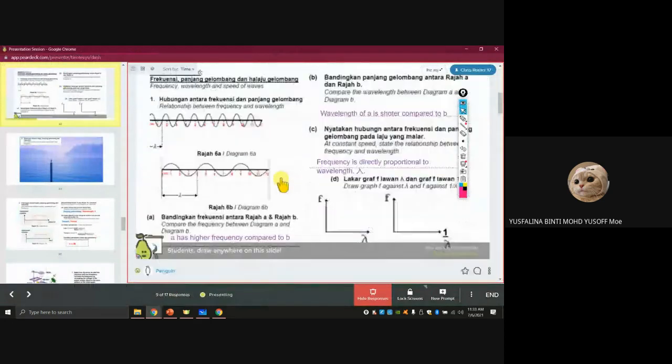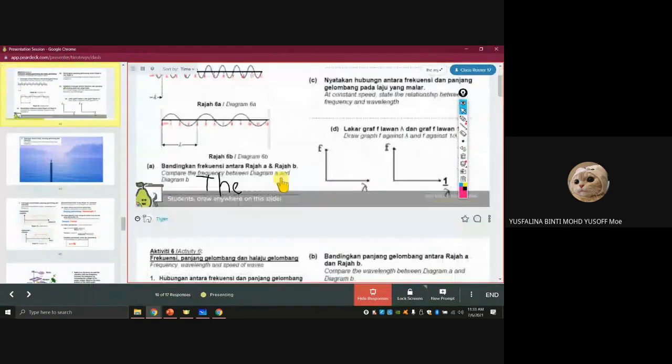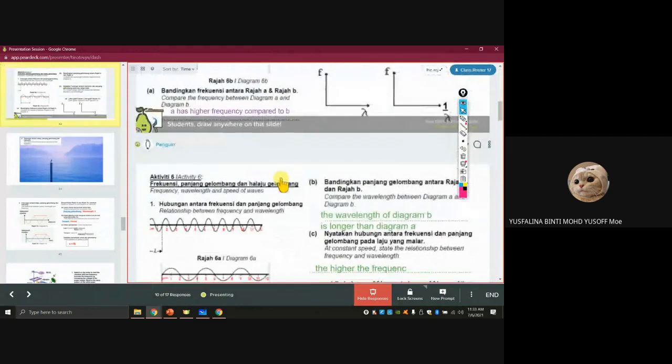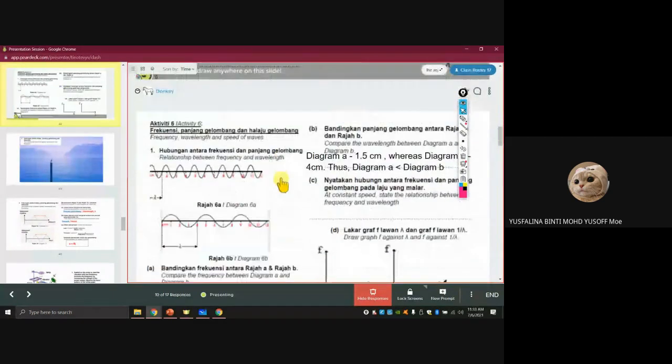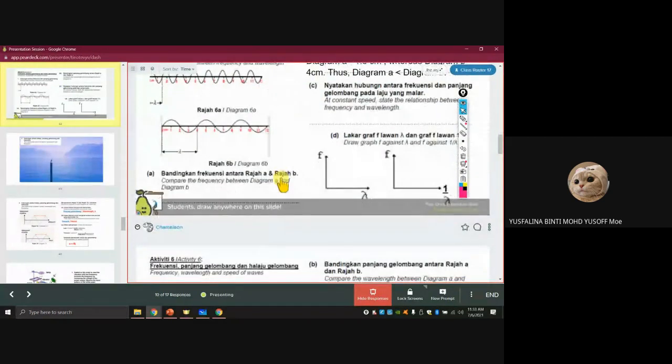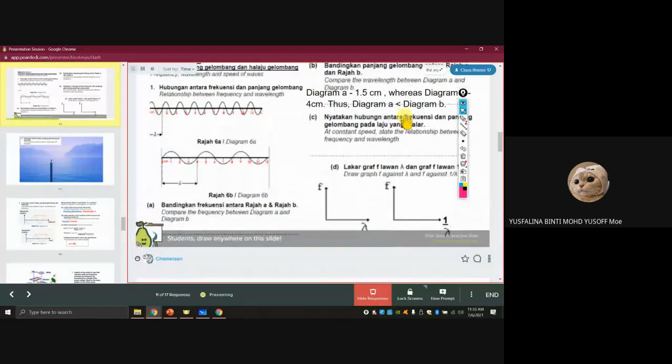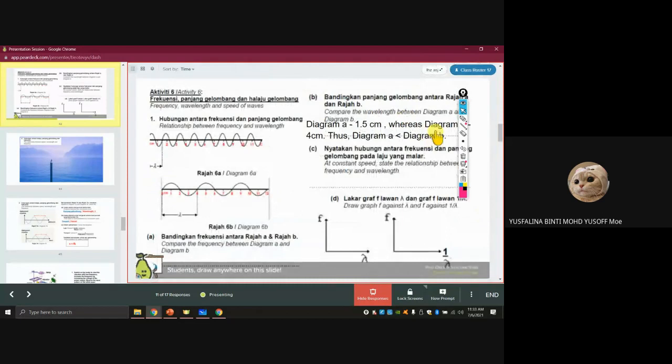Okay, so please write like that. No need to put diagram A what, diagram B what. Just put A is smaller than B, that's all.